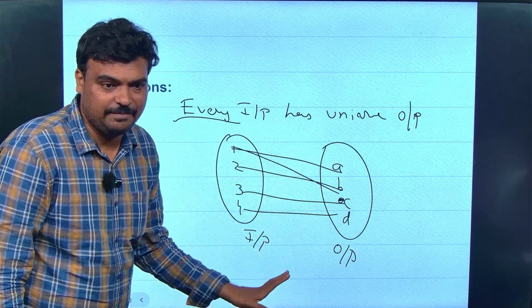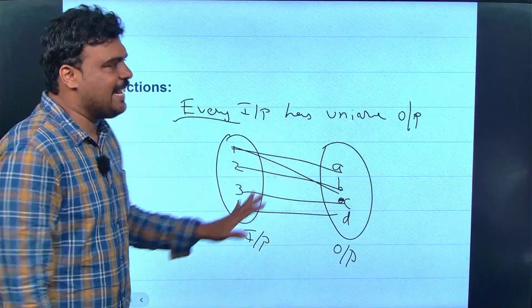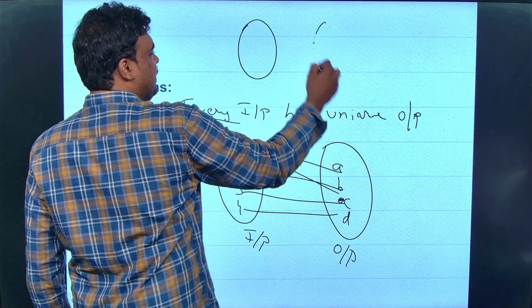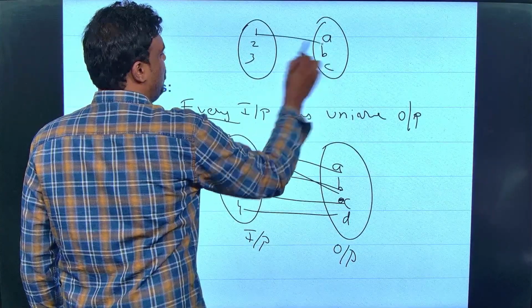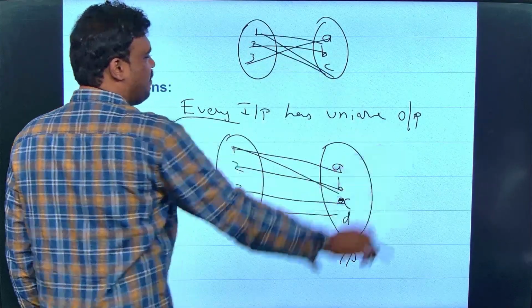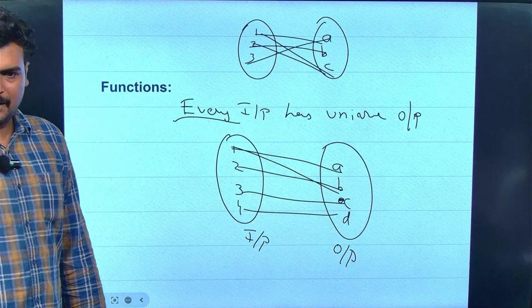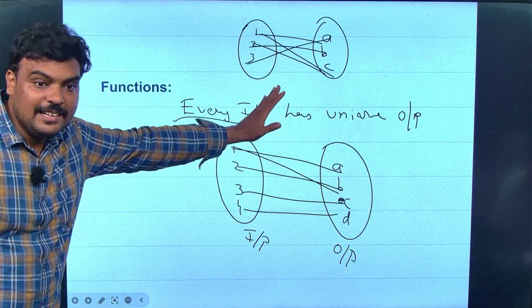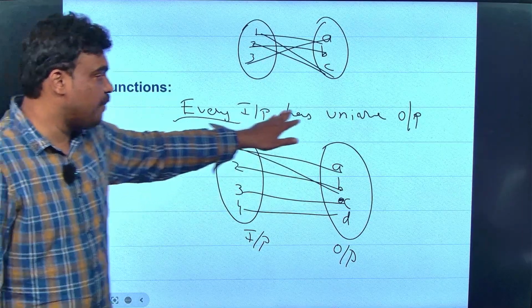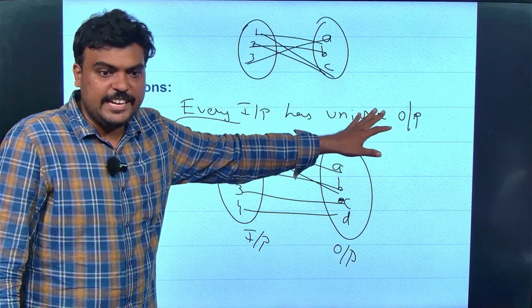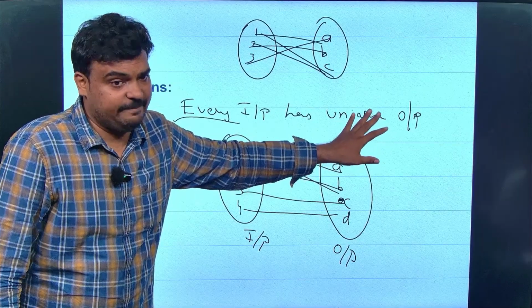See, when I write a relation in an arrow diagram, there is no rule, guys. No rule. You can draw it any way you like. But when I say a function, it has a rule that every input should have a unique output. In a way, what Achilles told is right.